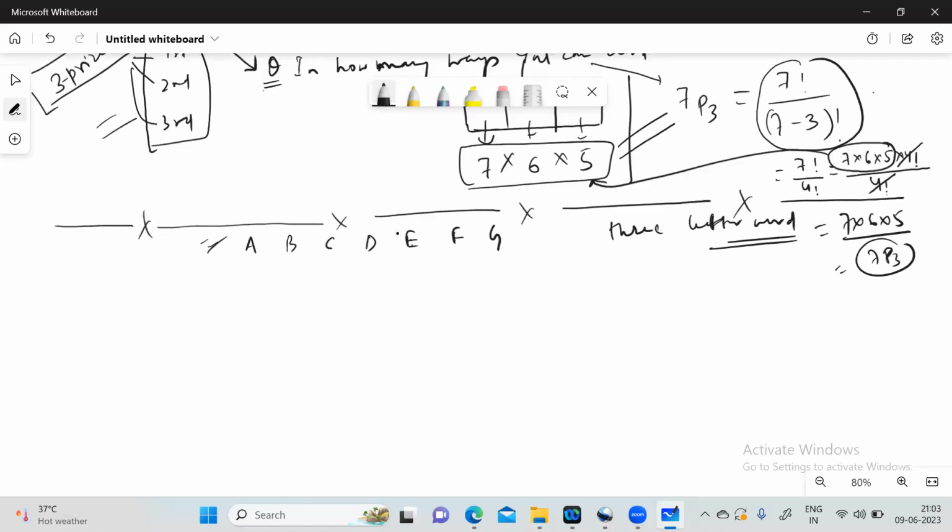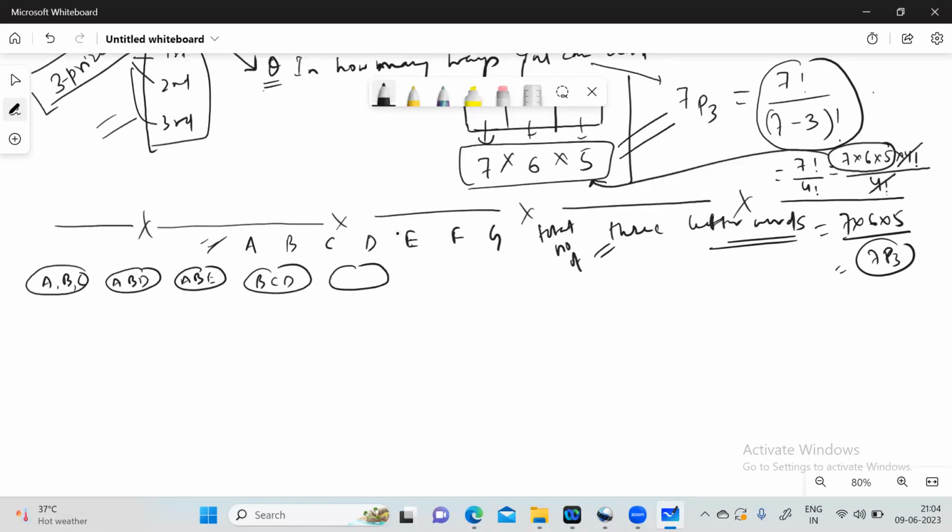Now the same question I have given to a person, I mean a small child. So what will he start doing in order to count the total number of 3-letter words? First he made a group of 3 letters, A, B, C. He made a group of 3 letters, A, B, D. He made a group of 3 letters, A, B, E. And similarly, he'll start making all the possible distinct 3-letter groups.